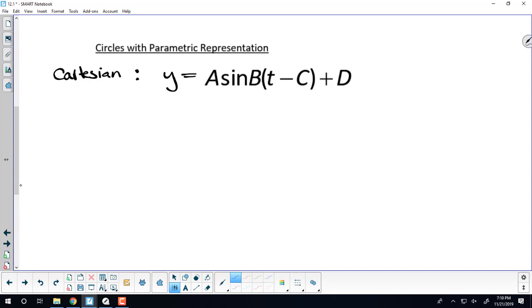Just a couple to revisit here. This A affected the what? For sine or cosine? Vertical. So it's a vertical transformation, right? We're stretching it or shrinking it in the vertical direction. So this was the amplitude.